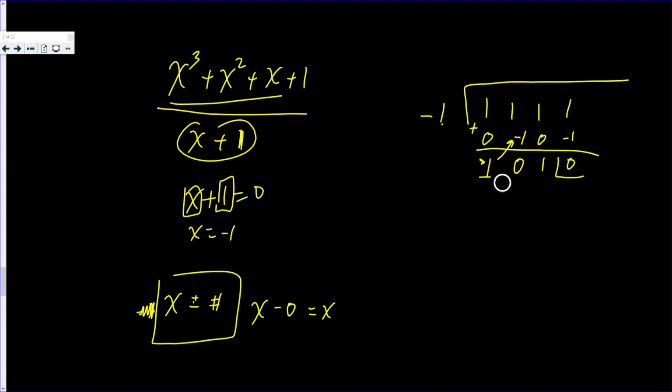What's in the bottom is the answer. It's going to be 1x squared plus 0x's plus 1. That is x squared plus 1. If you multiply those two, you will get what's on top. That is called synthetic division.